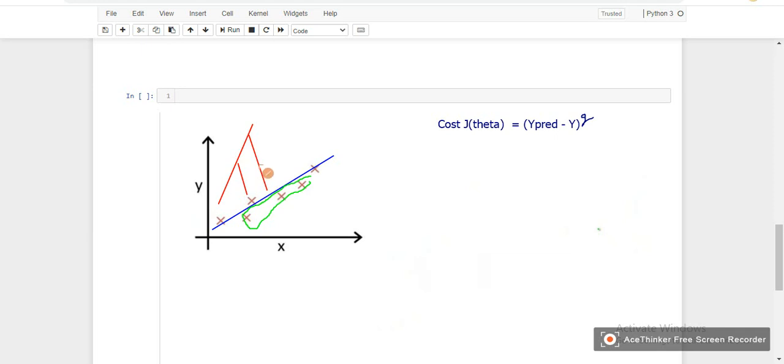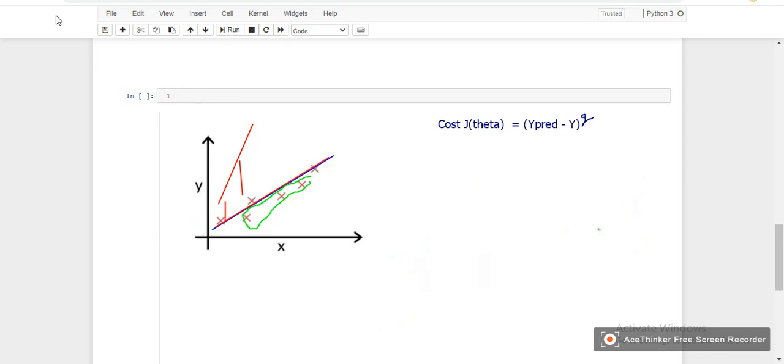So that is why this model tunes itself and produces, because if this is the line equation that the model produces, the cost of this model will be very high with respect to this. So this model has to tune itself and produce the line equation which has the lowest cost, minimum cost.